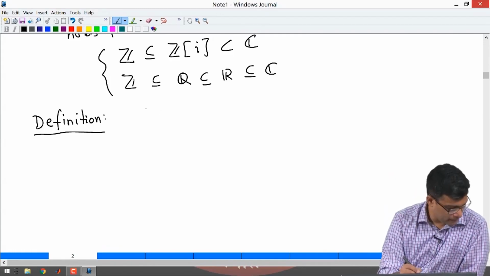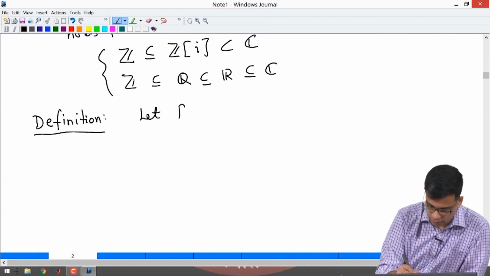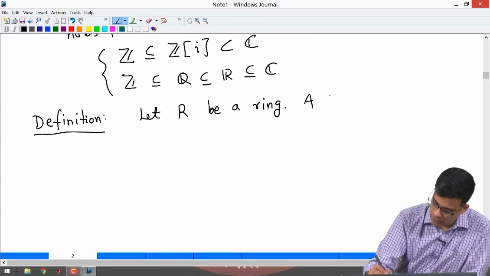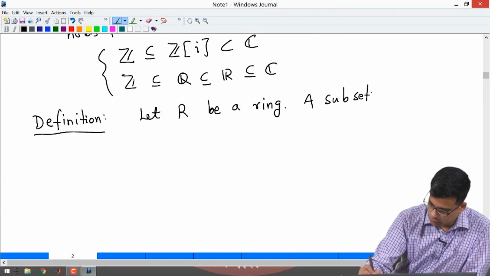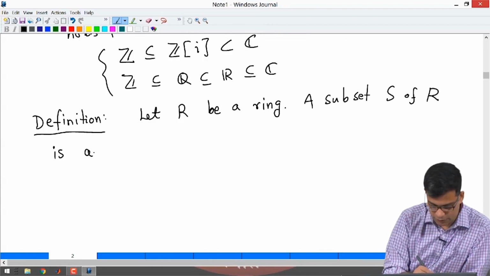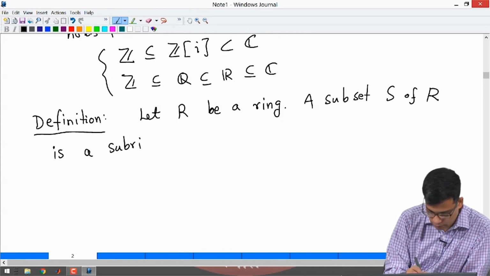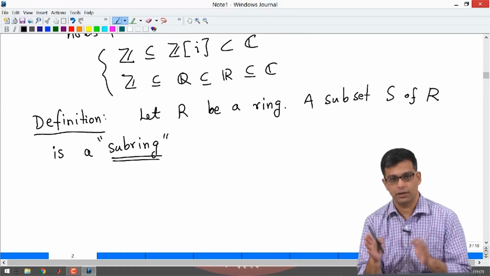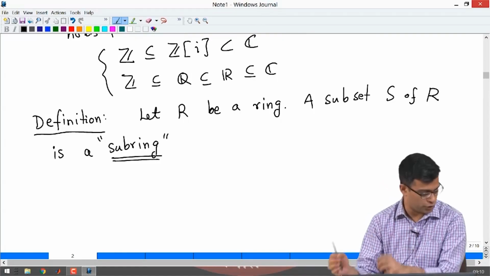So, similarly, let R be a ring. A subset S of R is a subring. So, it is a sub object, just like subgroups are sub objects of groups.